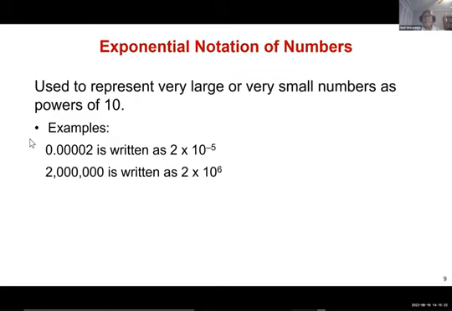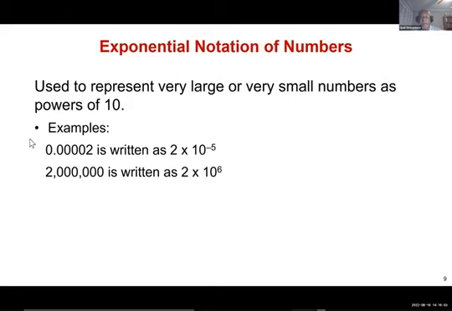Now, as I said before, a measurement has a number and a unit part. We're going to look at the number part. Measurements are expressed in normal or scientific notation form. Scientific form has exponents of 10. Small numbers have negative exponents.